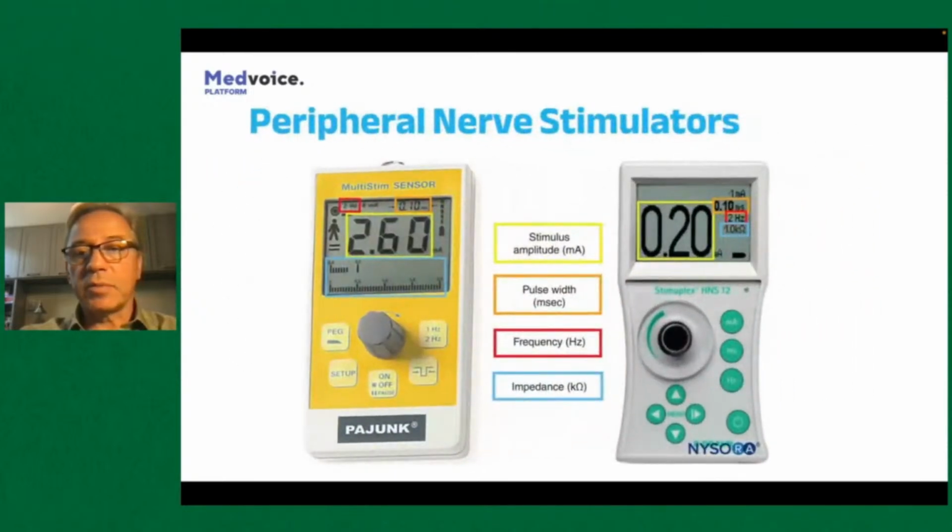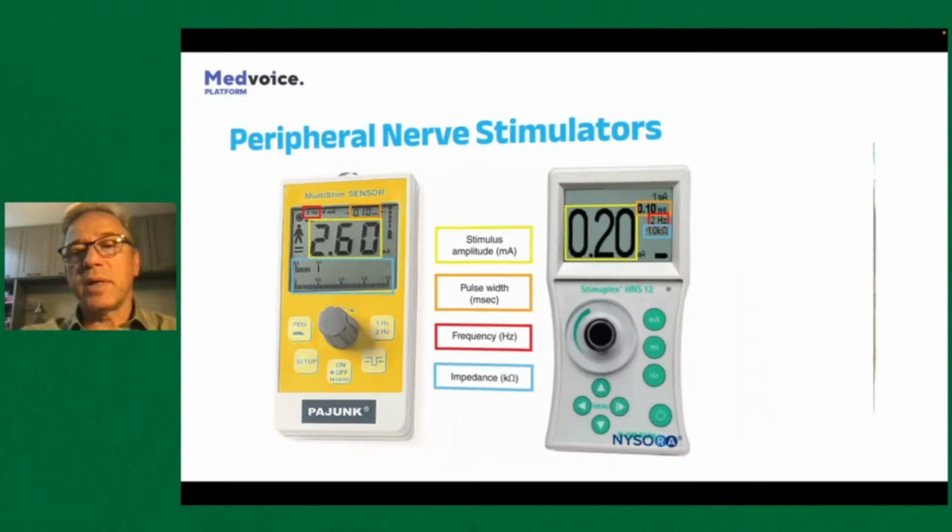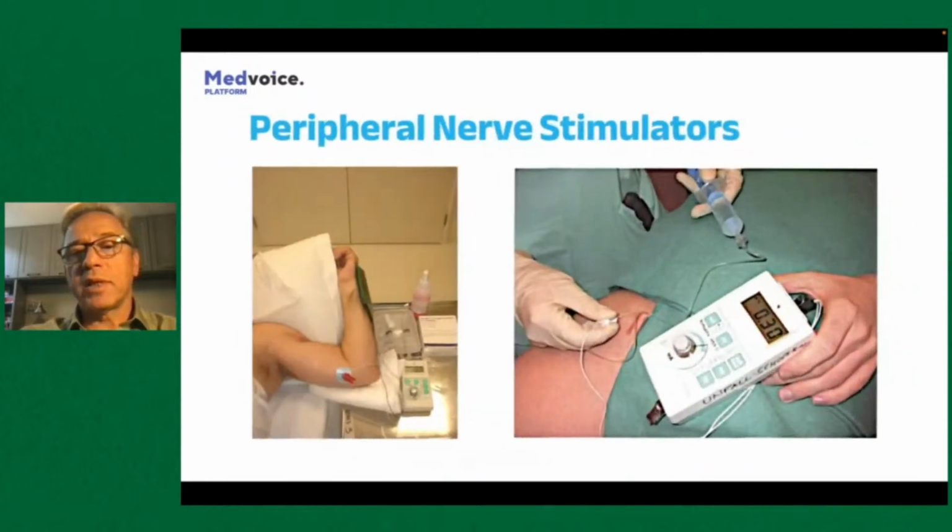Right, peripheral nerve stimulators we used a lot in the past, and as you can see, we can use different amplitude, different pulse width, different frequency. Normally the frequency was set at 2 Hertz, and different impedance. We would normally start with 1 milliamp approaching the nerve and looking for the motor response.